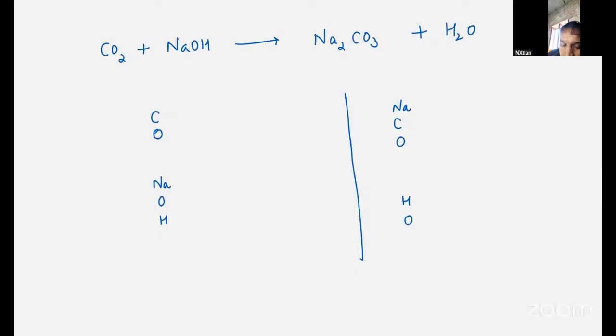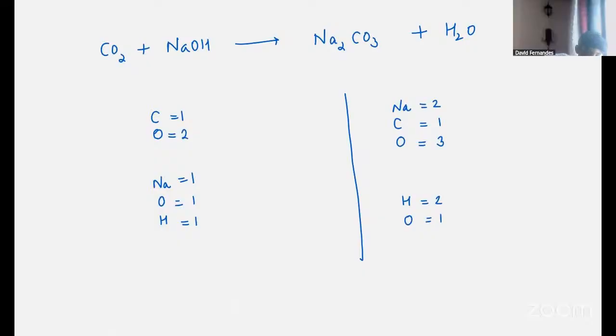Did you understand, guys? Now here, C is 1, O is 2, Na 1, O 1, H 1, Na 2, C 1, O 3, H 2, O 1. Got it? David, keep your mic unmuted.